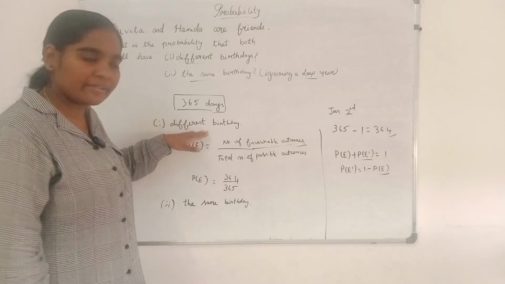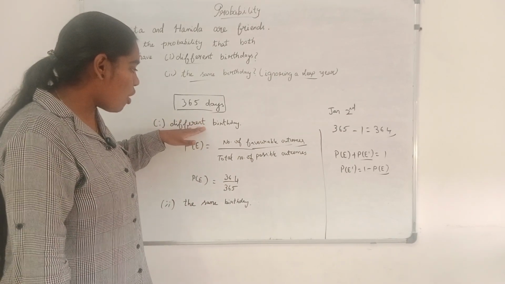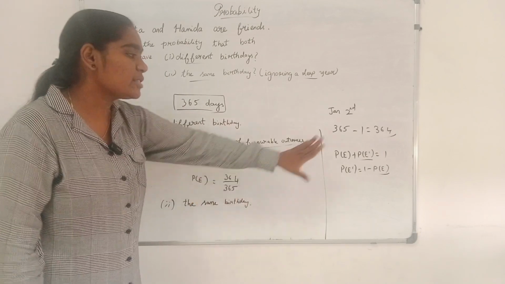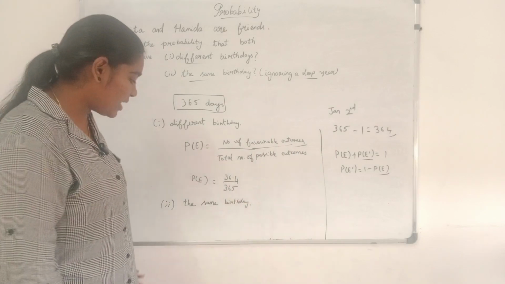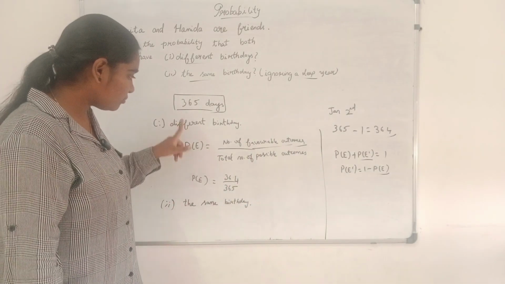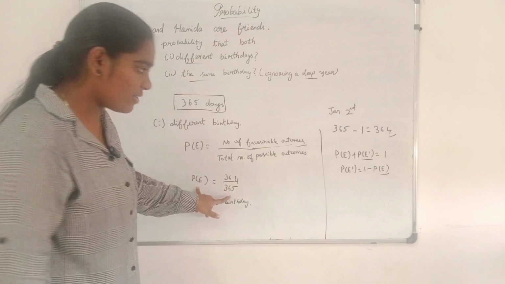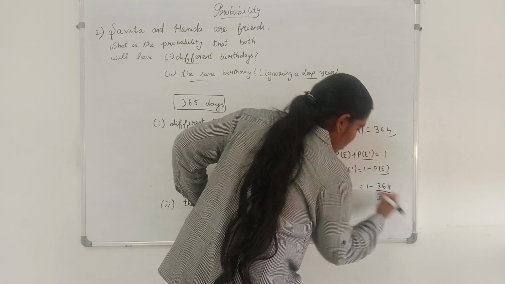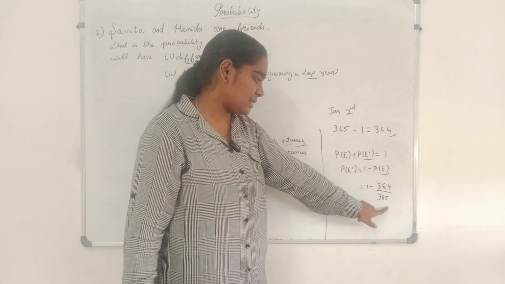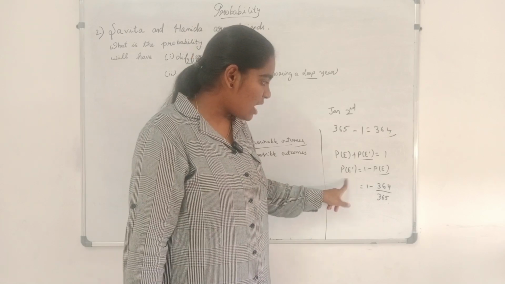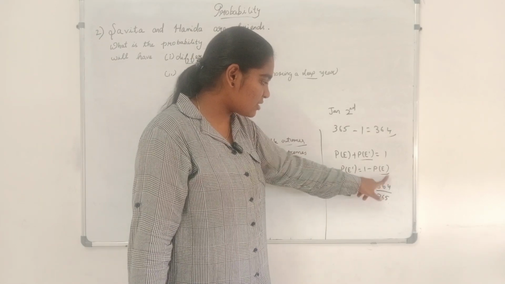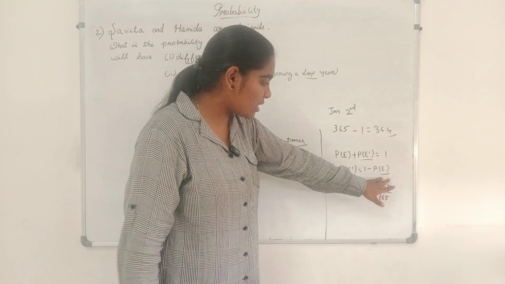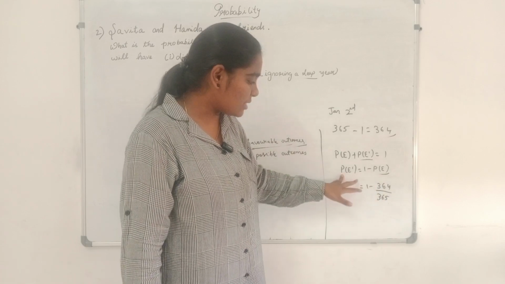So first event is different birthday. The event opposite to the different birthday is same birthday. So here you can use the complementary event concept and you can find the answer for the same birthday. So P of E has been given as 364 by 365. So 1 minus 364 by 365, because this is the complementary event and these two are opposite events. So this is different birthday and this is same birthday.